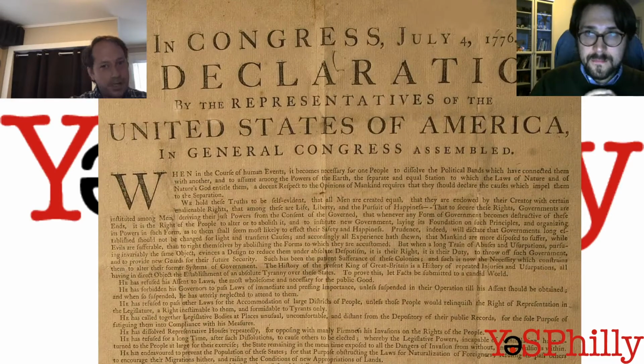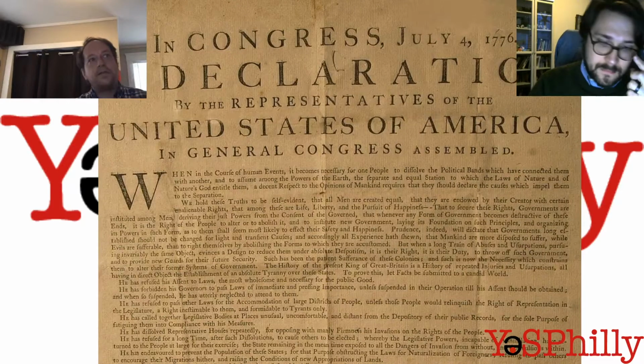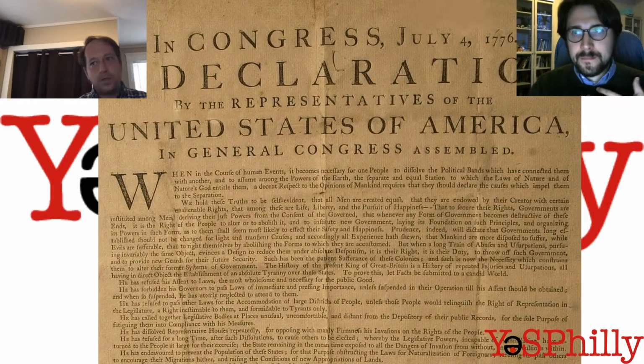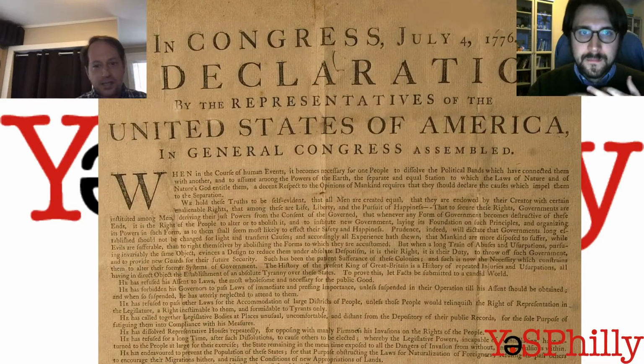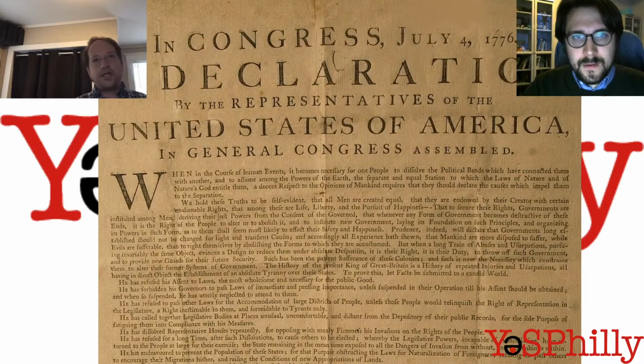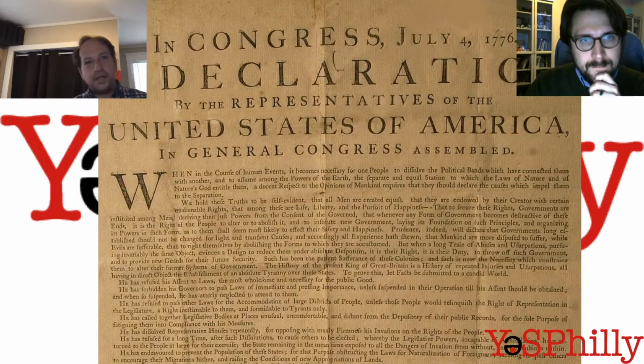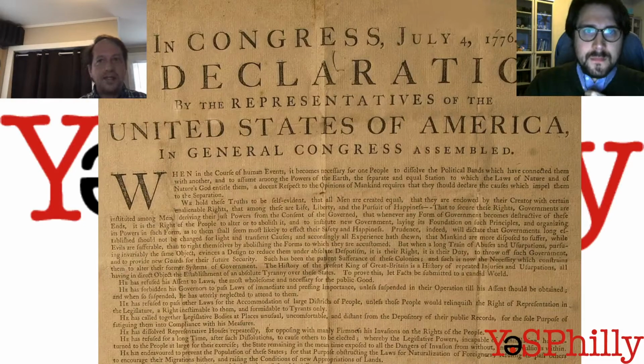Whether that's the Proclamation Line, restricting them from moving westward, or acts like the Stamp Act and the Townshend Acts, which had to do with economic self-interest. So this idea of the social contract and this idea of happiness are sort of intertwined, and you can see that as we get into the 1770s.